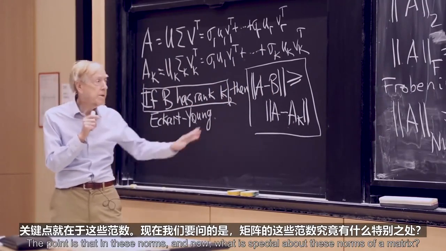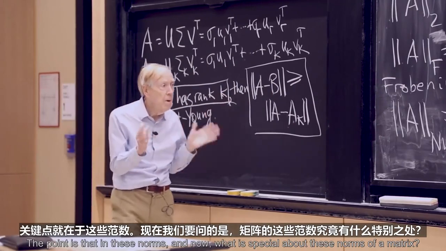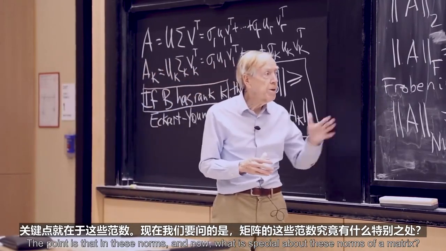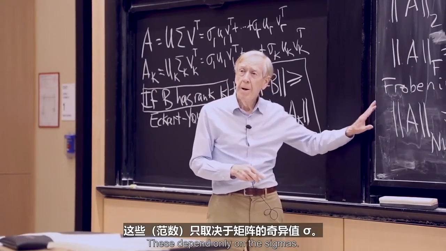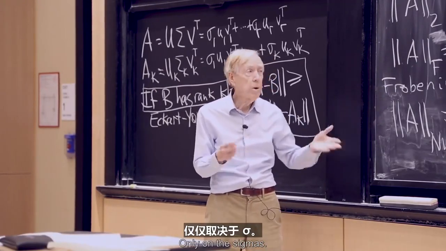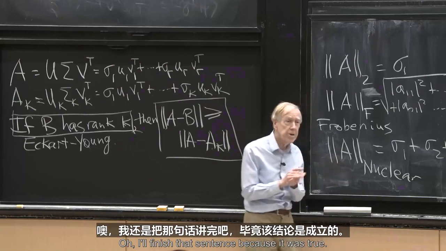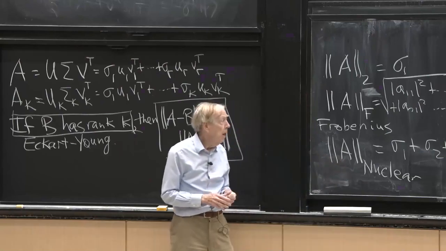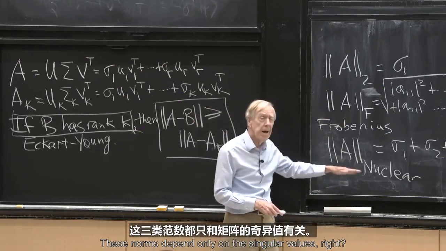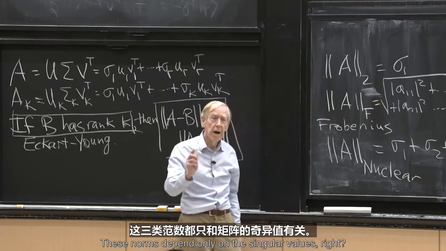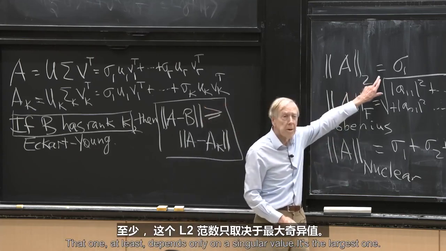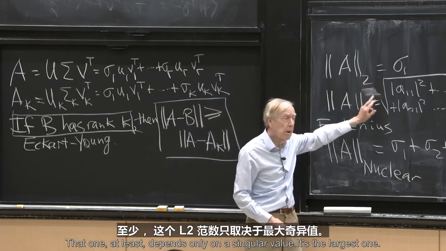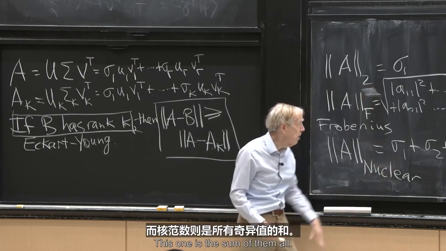The point is that in these norms, what is special about these norms of a matrix? These norms depend only on the singular values, right? That one at least depends only on the singular value. It's the largest one. This one is the sum of them all.